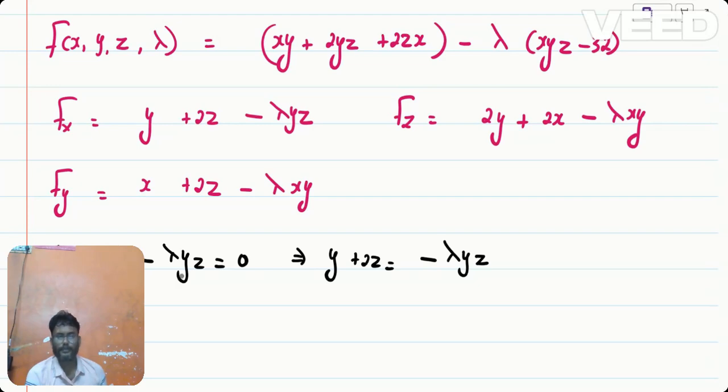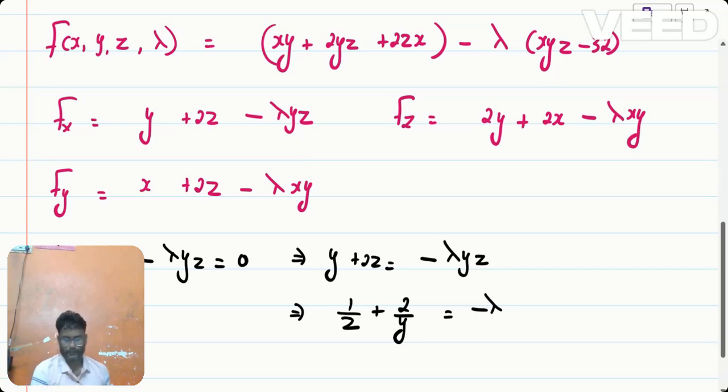Dividing by yz, this implies 1 by z plus 2 by y equals lambda.